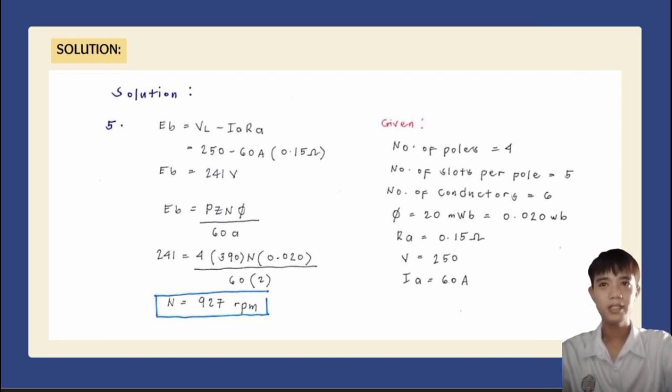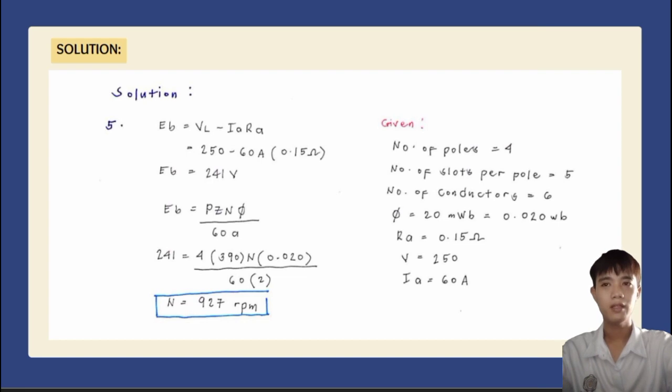The P times flux per pole represents the power in watts, which is not explicitly given, while the N is the speed of a motor in revolutions per minute, or RPM, which we need to calculate. And A represents the number of parallel paths in the armature winding, which is given as 2.